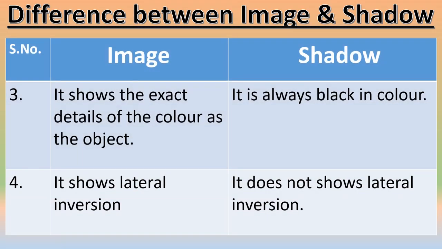Image shows the exact color of the object. However, shadow is always black in color. Last point. Image shows lateral inversion, whereas shadow does not show lateral inversion.